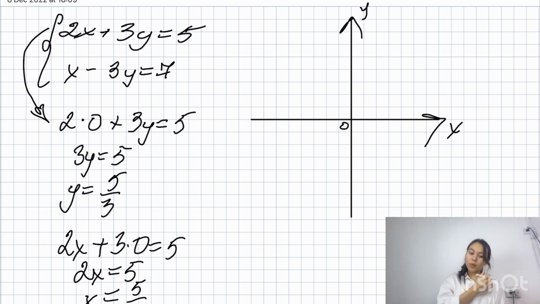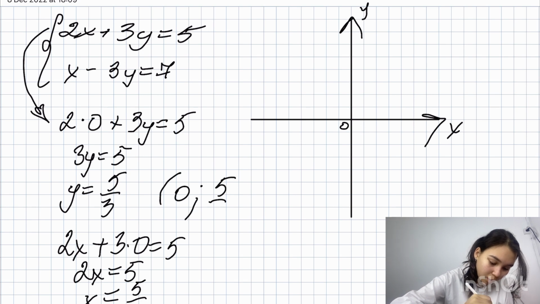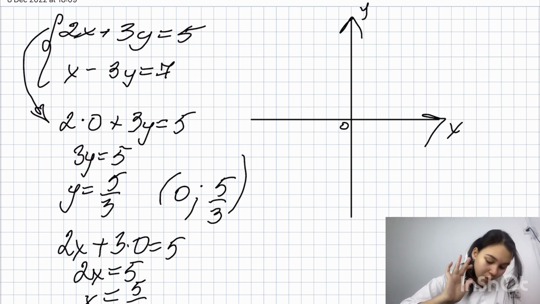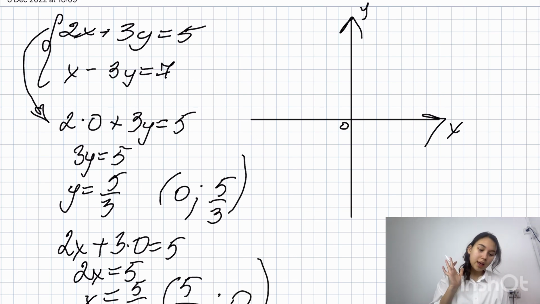So when x is equal to 0, y is equal to 5 over 3. And when x is equal to 5 over 2, y is equal to 0.